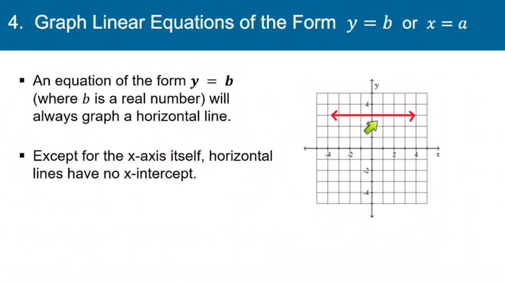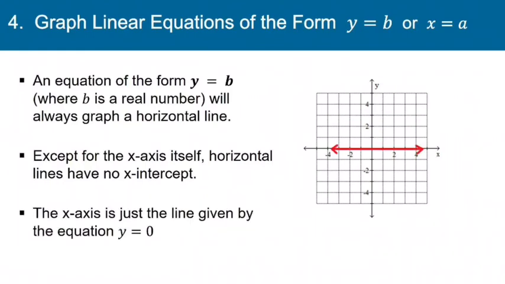So since this line is horizontal, it runs parallel to the x-axis and it will never cross it. Therefore, it has no x-intercept. In fact, the x-axis is just the line that's given by the equation y equals 0. Think about it. If you look at the line that goes along the x-axis here, this is just the set of all points that have a y-coordinate of 0.